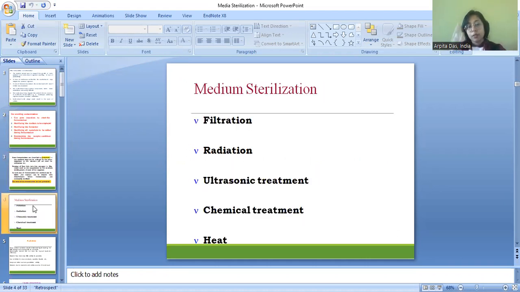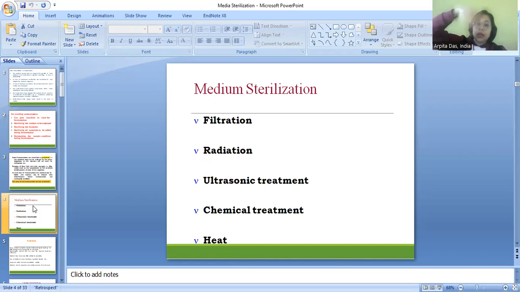I have listed a few methods of how we can sterilize the media as well as the bioreactor. We can use filtration of the medium, radiation, ultrasonic treatment, certain chemical treatment, and the most popular heat treatment, which can be utilized to sterilize the medium, like nutrients, food for the microorganism.